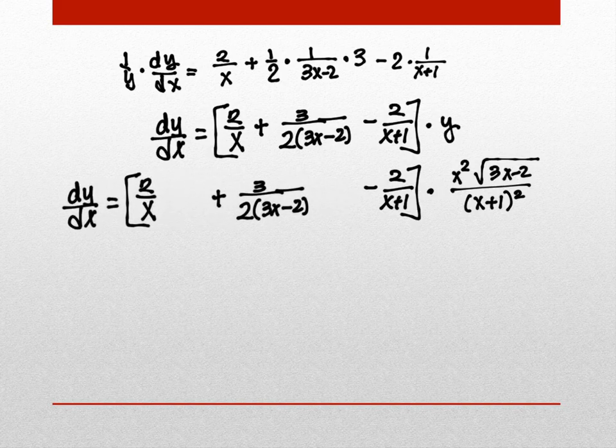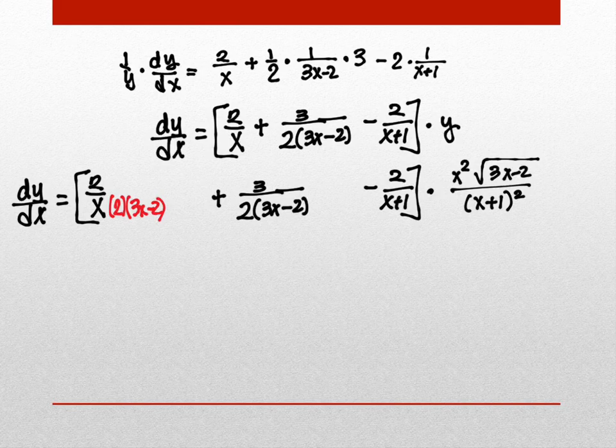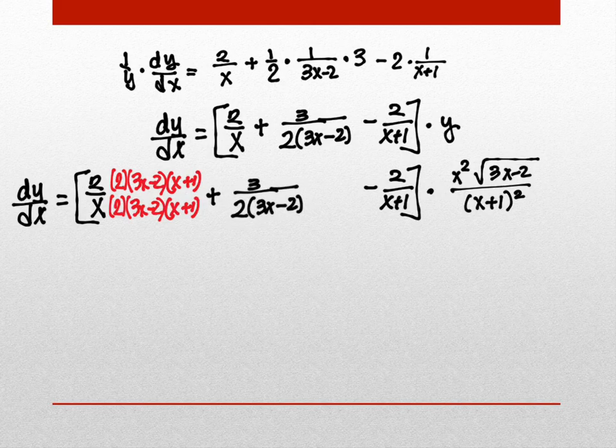All right, so the first piece needs to be multiplied by the denominator of the other pieces. So that's going to include the 2, the 3x minus 2, and I'm running out of space, so let's give it more space. And I need an x plus 1. So I have to do that to the numerator and denominator. The middle piece is going to need the x and the x plus 1.